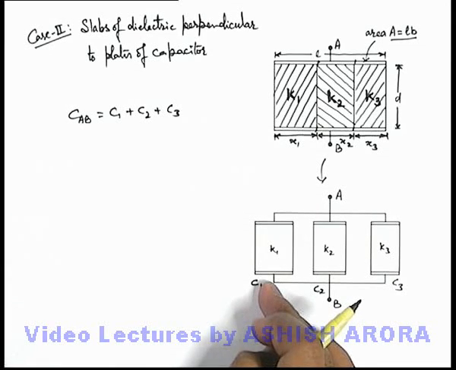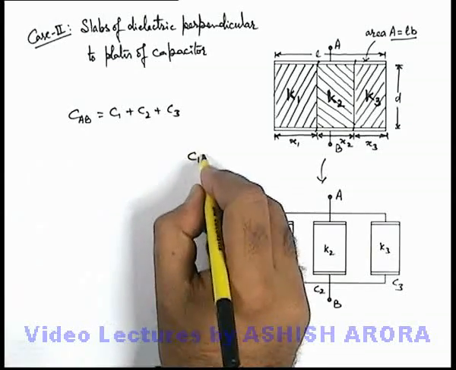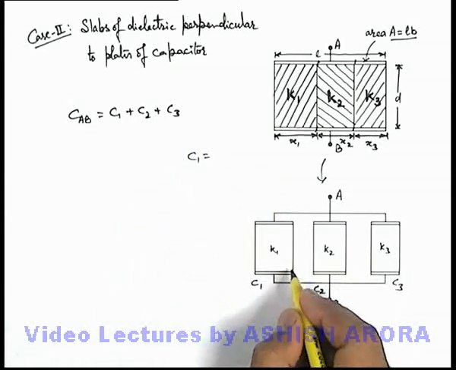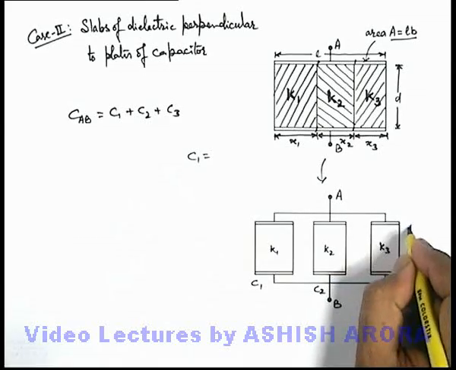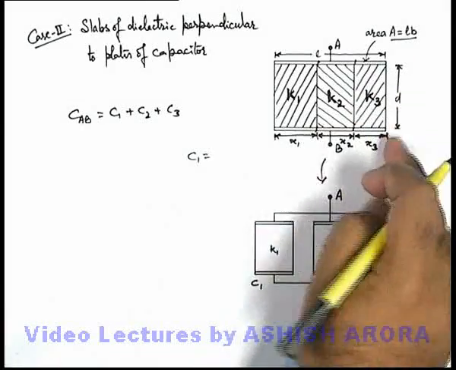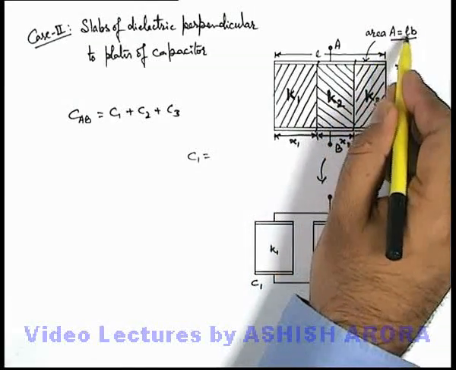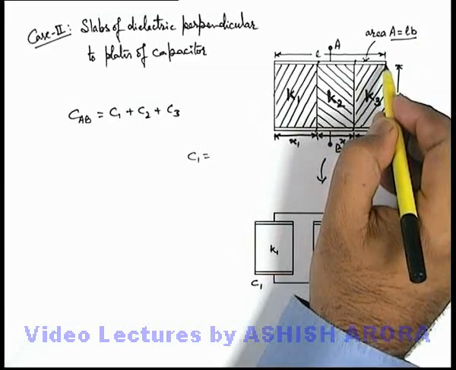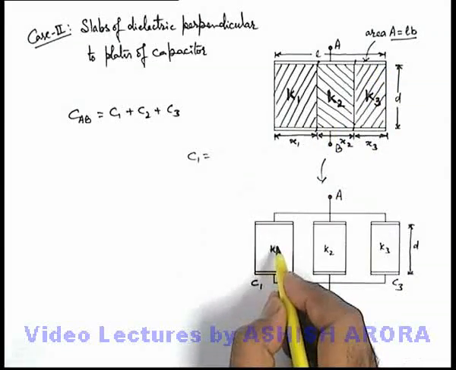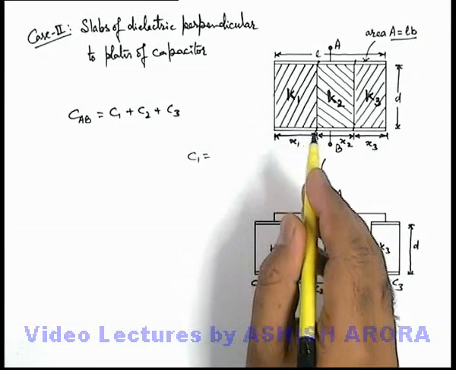And here the values of C1, C2, C3 can be obtained as follows. We can see in all three capacitors the plate separation will remain the same as D, but the plate area will differ. As the total plate area is L times B, if L is the length, then B is the width of the capacitor plate. So for each capacitor we can find the plate area as length multiplied by the width.